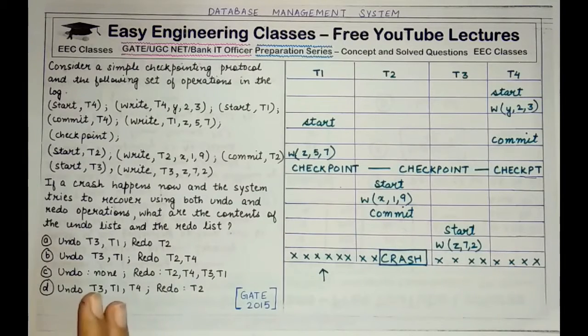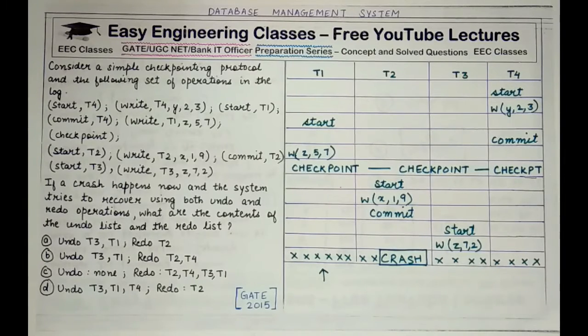Okay, whereas all those transactions that started and performed a commit or an abort are put in the redo list. That means, why redo? Because all such transactions completed to their entirety, and we have to do these operations again.